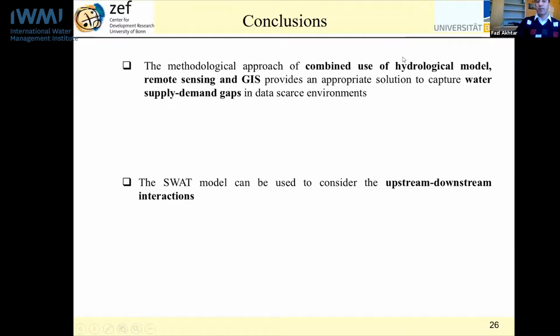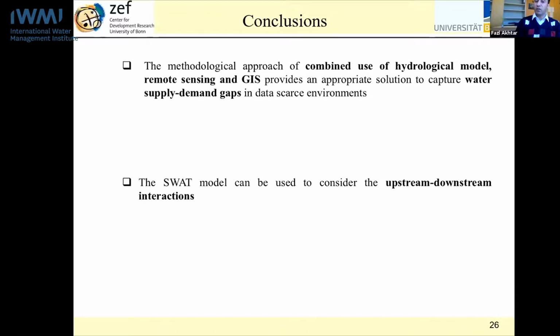Coming to the conclusions. We conclude that the methodological approach which we used in this study, and maybe other similar studies, the combined use of hydrological models and remote sensing techniques in GIS, provides an appropriate solution to capture the supply-demand gaps in data scarce environments.